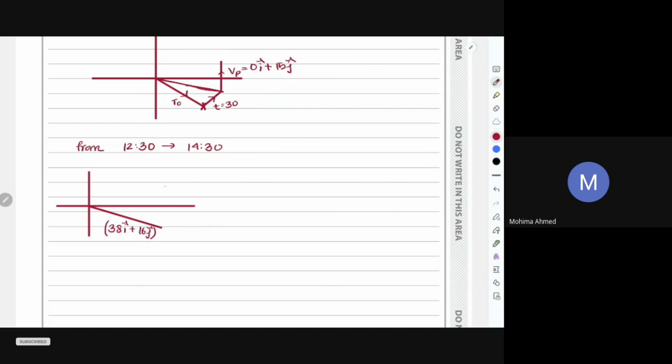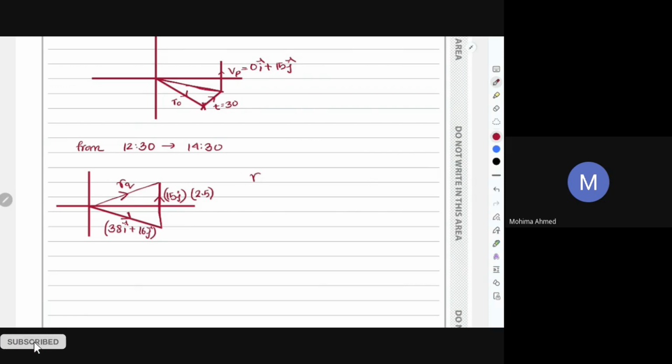Then after this, you have traveled entirely vertically upward with that 15J vector, 15J times your 2.5, right? Velocity into time will leave you the final position vector. This is your now RQ, right? This is your final position vector.